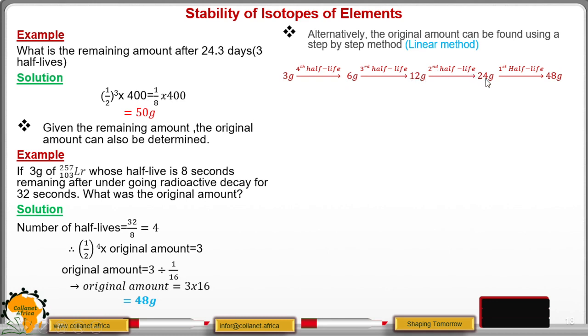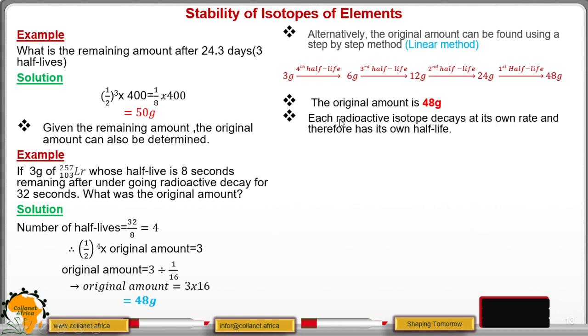The second, you move times 2, you get 24. The first, you move times 2, you get 48. So it implies that if the remaining was 3 grams, and it has gone through 4 half-lives, then the original value was 48 grams. This is what we call the linear method or step-by-step method.